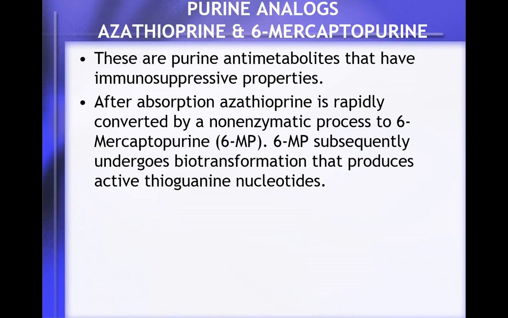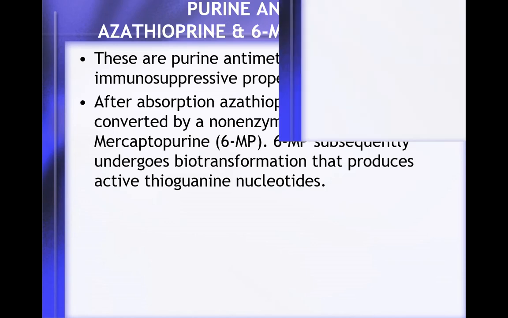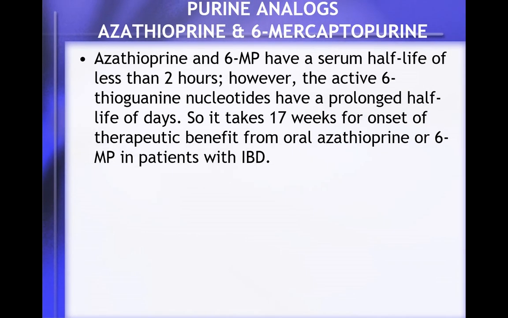This 6-mercaptopurine subsequently undergoes biotransformation, which produces active metabolite thioguanine nucleotides. The azathioprine and mercaptopurine have a serum half-life of less than 2 hours. However, the active 6-thioguanine nucleotides have a prolonged half-life of many days.